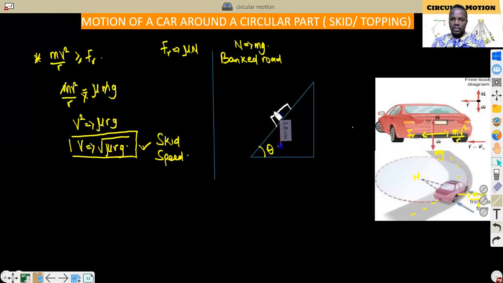What is weight? mg. Students know weight very well. The normal reaction always balances the weight, which is what I'm trying to draw for you to see very well. So the alternate angles are equal, just for visualization. The theta here will be equal to the theta here. Everybody knows you can balance the angle.